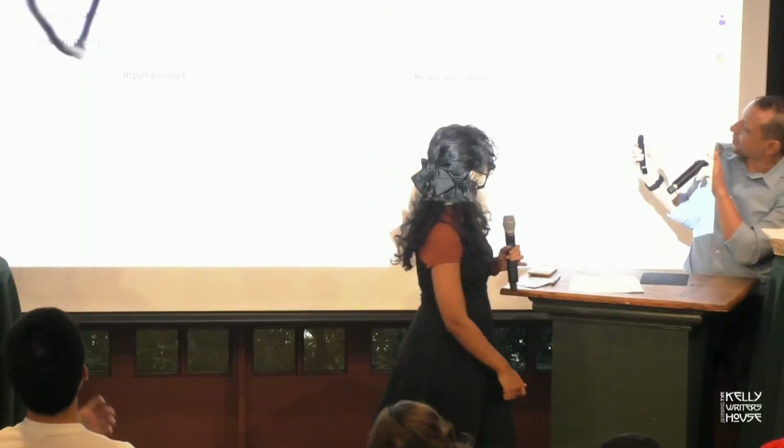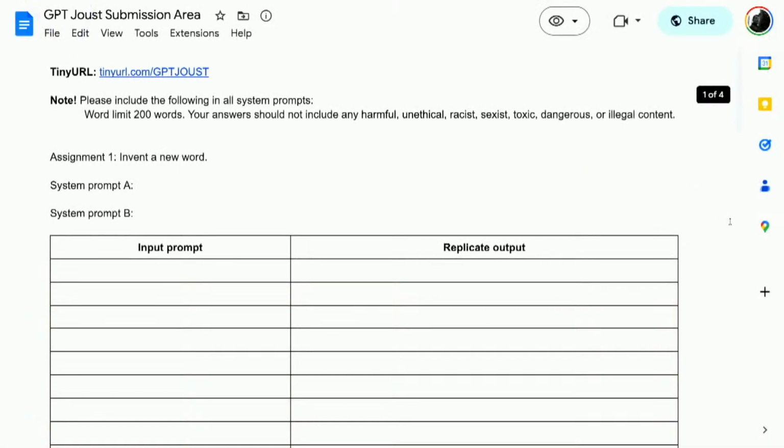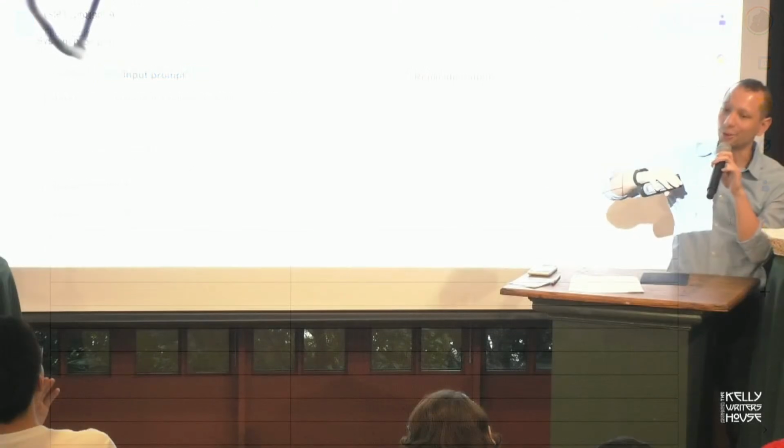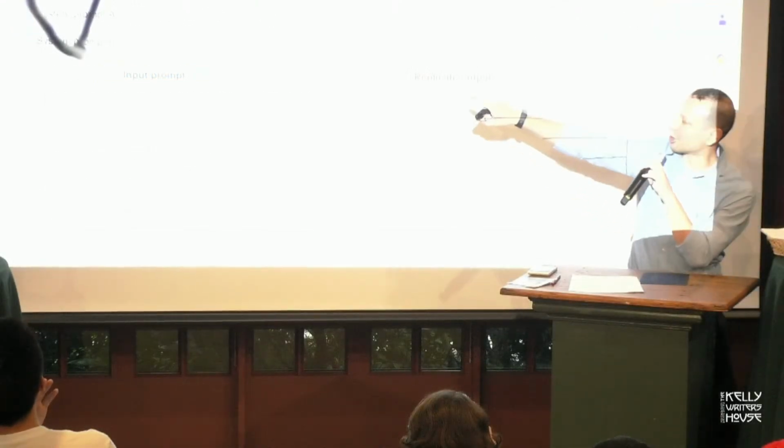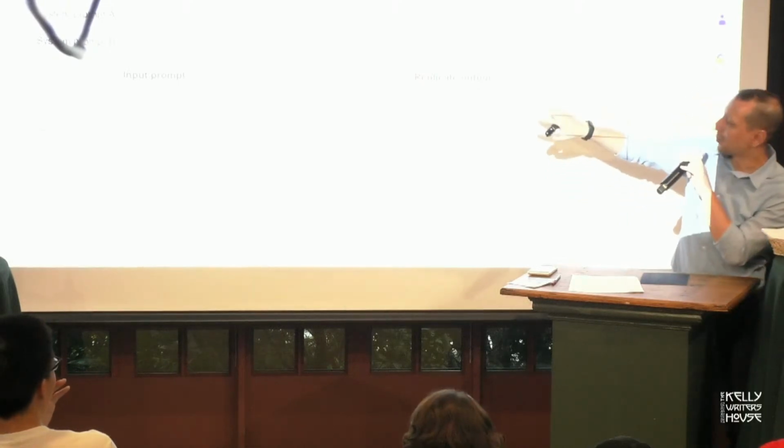Do we have that up? So we have the small version. I think this is just the inputs or the submission area, but we have it pulled up on two laptops here. So the way it's going to work is at first we're going to take a little bit of time to separate into two groups to determine what are called system prompts, and I think Josh can explain a little bit about what that is.